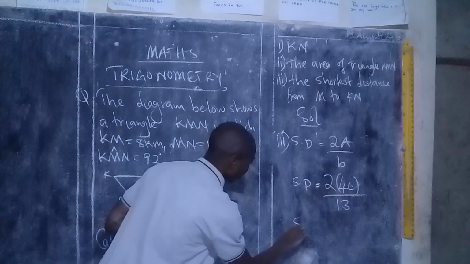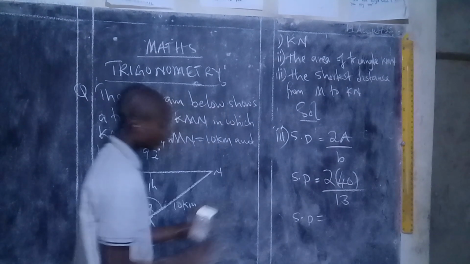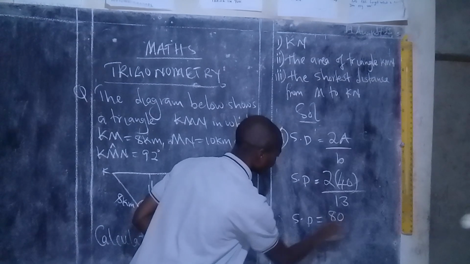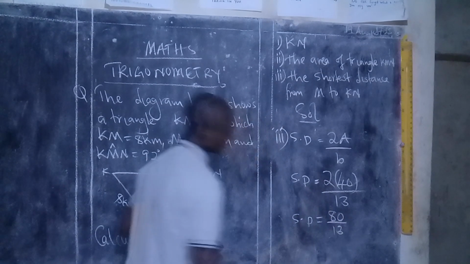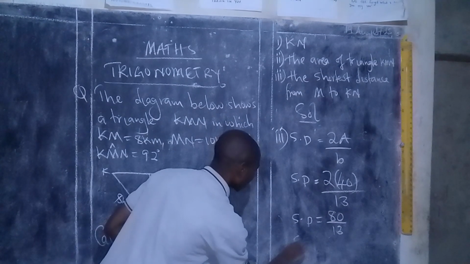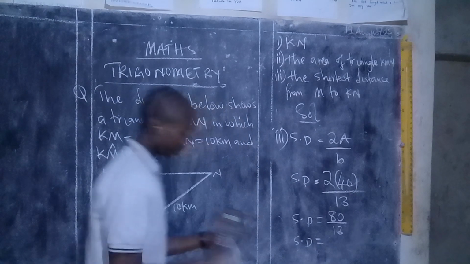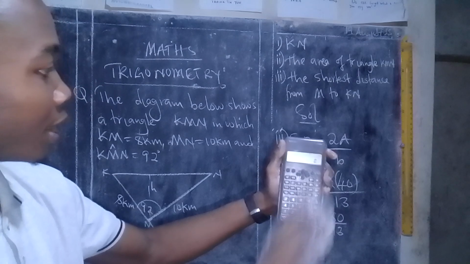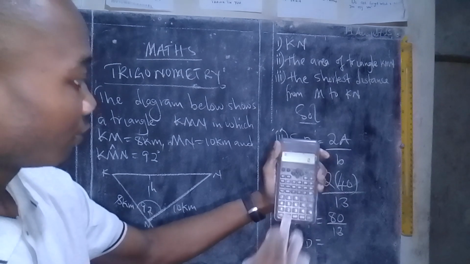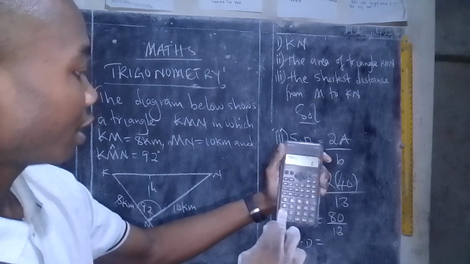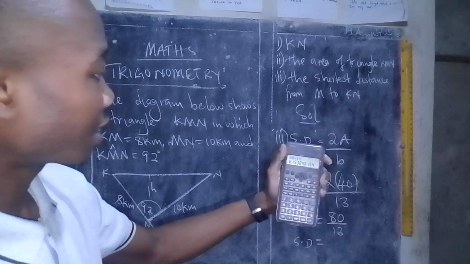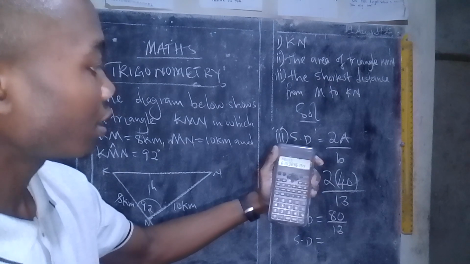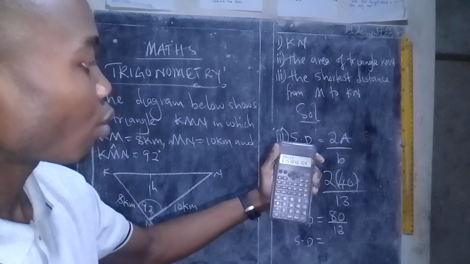So say SD is equal to 2 times 40. That will give us 80 over 13. And thereafter, we say SD is equal to 80 divided by 13 on the calculator, which is going to give us 6.153846154.